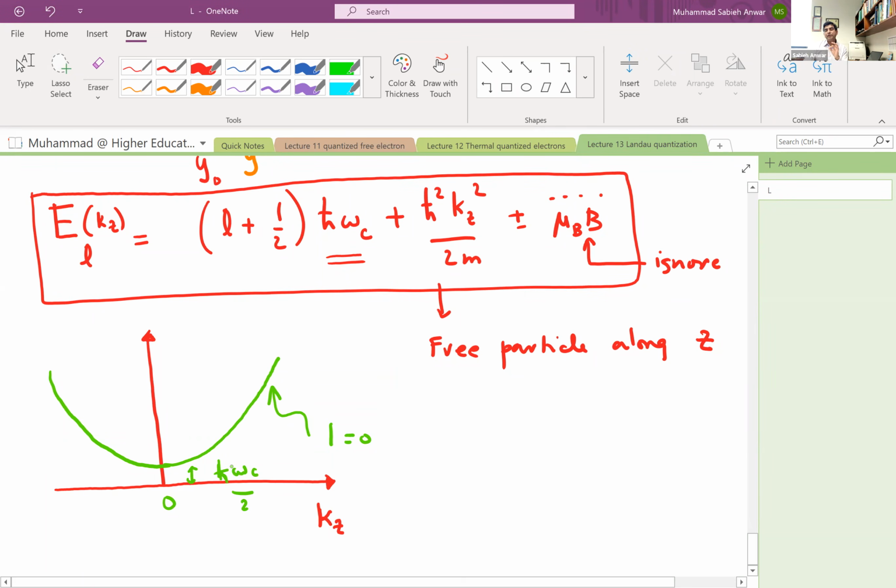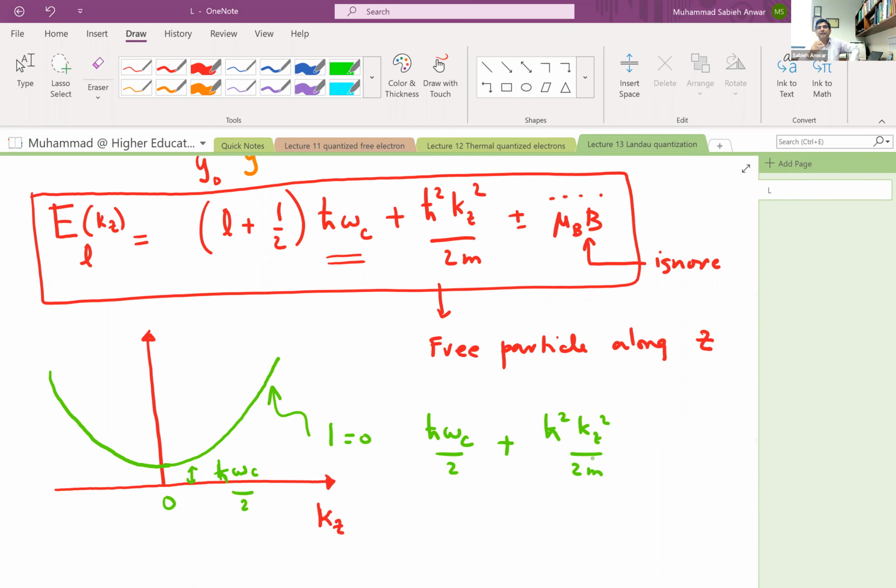So the lowest energy of an electron in the presence of a magnetic field is given by h bar omega c over 2 plus h bar squared kz squared over 2m. Now kz can take up all of these values. It looks continuous, even though if we were to take the finite extents of the sample in the z-axis, we already know that we will have discrete points along kz.